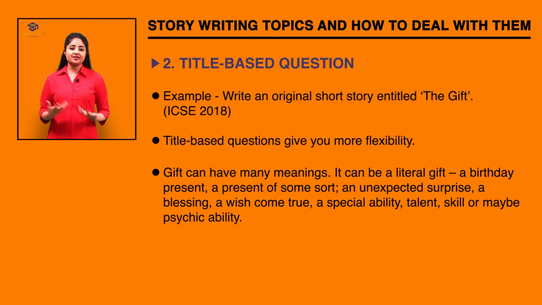Just like you say, she is a very gifted child. What does it mean, she is a very gifted child? It means that there is something very, very special about that child. So a gift can mean a special ability too.